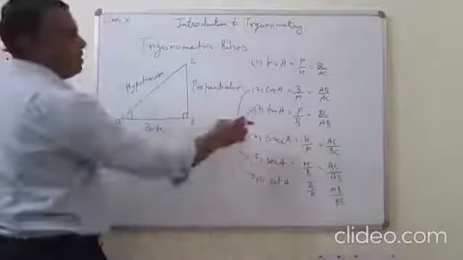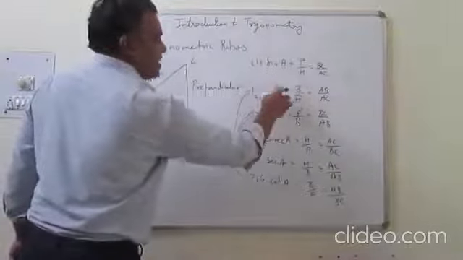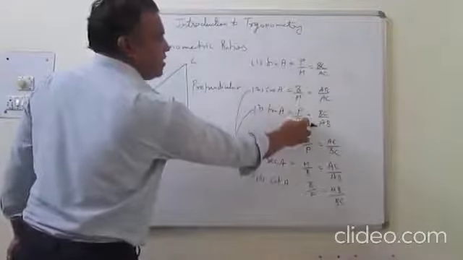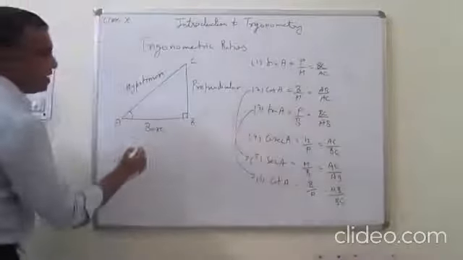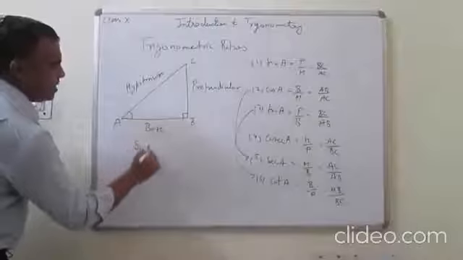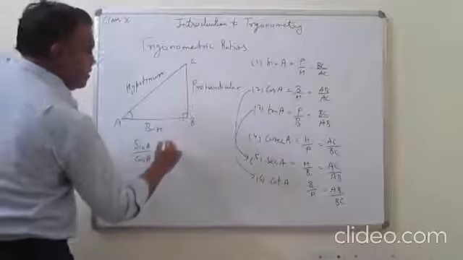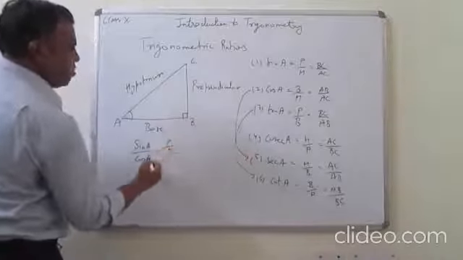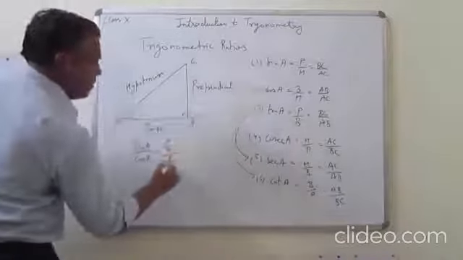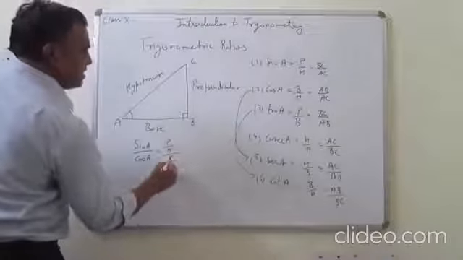Here you can observe that if you divide sin A upon cos A, you will get P upon B. What is sin A? P upon H. What is cos A? B upon H. So here H is cancelled.